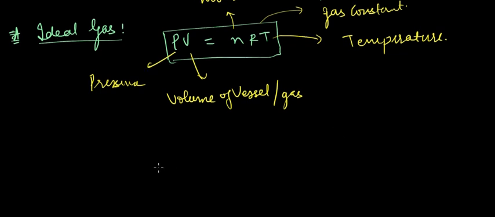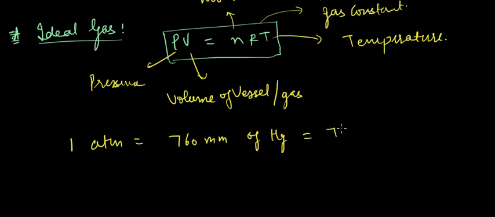Just to define the standard things, 1 atm or atmospheric pressure is equal to 760 mm of mercury, which is also known as 760 torr.